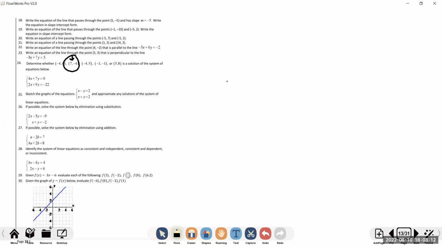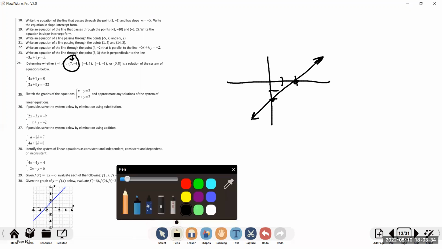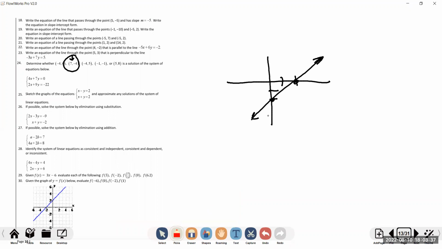Now we're going to sketch the graph of x minus y equals 2. So when x equals 0, y equals negative 2. When y equals 0, x is equal to 2. So there's this line. And then the bottom line, I'll draw it in a different color here.